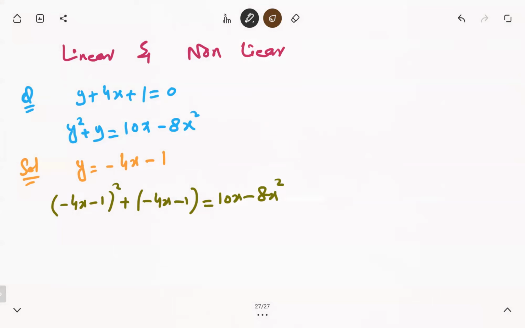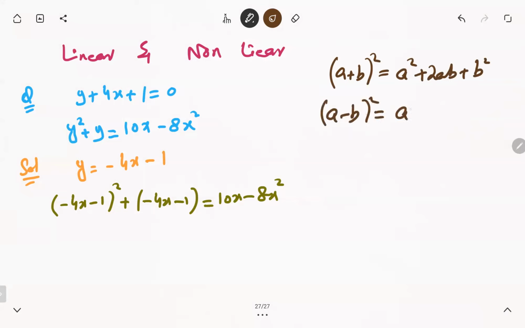We know a plus b whole square is equal to a square plus 2ab plus b square, and a minus b whole square is equal to a square minus 2ab plus b square. We know these two identities, and we can apply either of them depending on the situation.